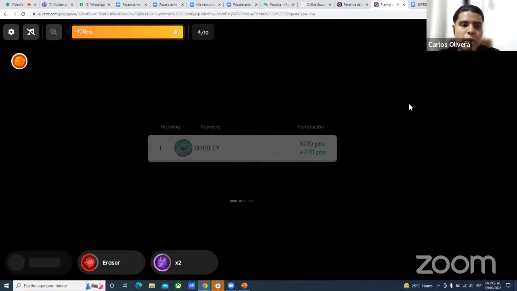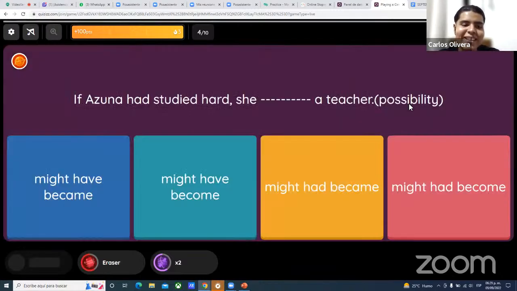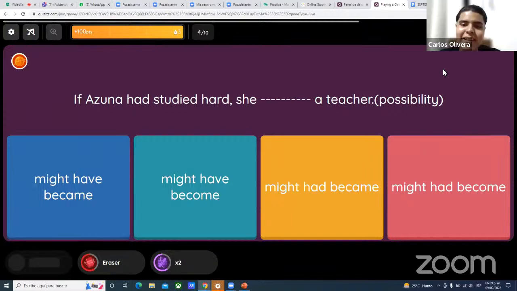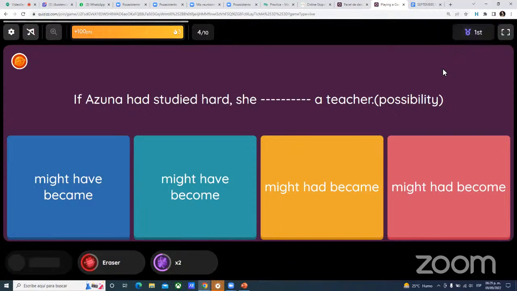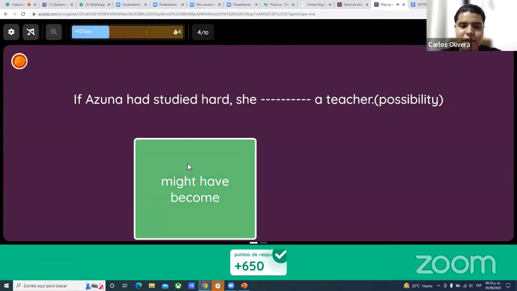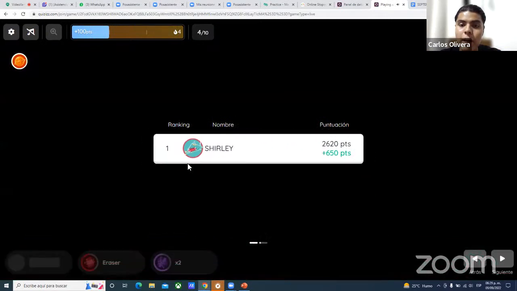Okay. What about this one? If Asuna, it just reminds me of the singer, had studied hard, she became a teacher. I'm not sure for the present perfect, but I think the second one. Okay. Yeah, you're right. Yes, the present perfect for become, it's still become.